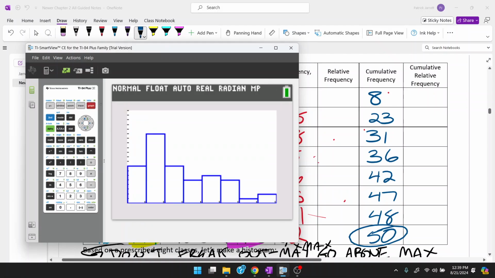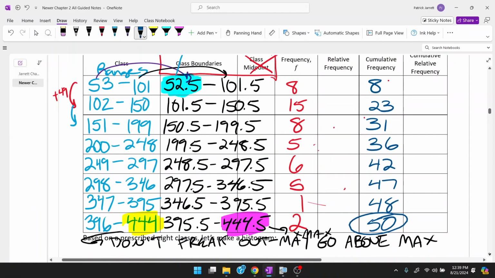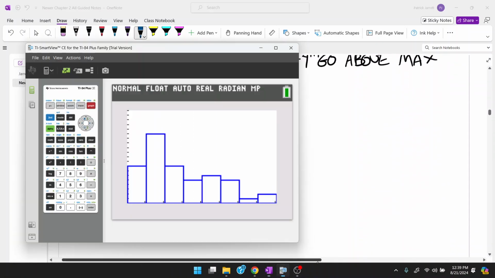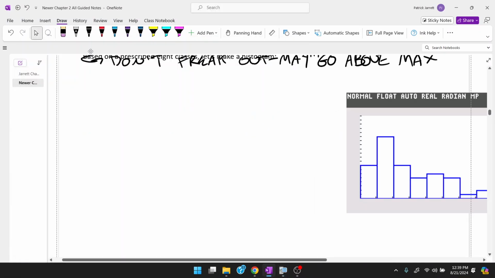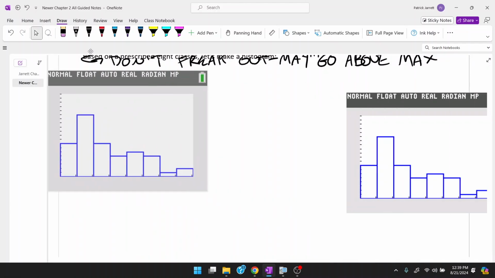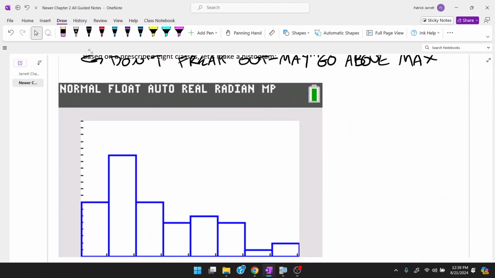Here's what I'm going to do. Basically, I'm going to be semi-lazy and do the histogram this way. Why? Because I can.